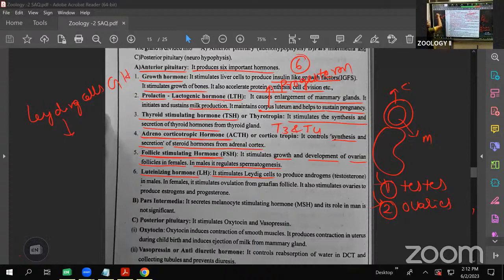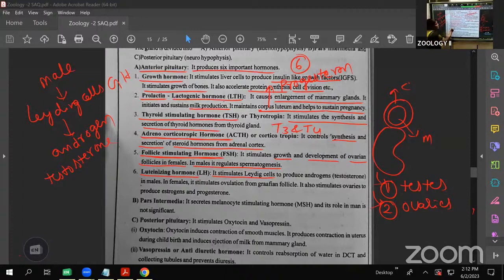In the males, inside the testes, the Leydig cells are present. These Leydig cells produce the androgens. That androgen is called the testosterone hormone. Testosterone is helpful for spermatogenesis, and it maintains the secondary sexual characters in the male.